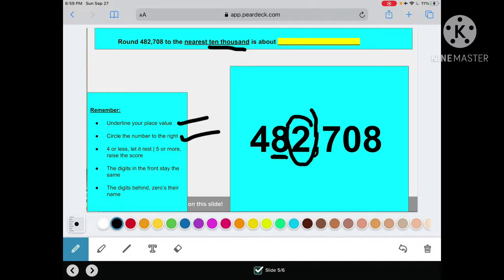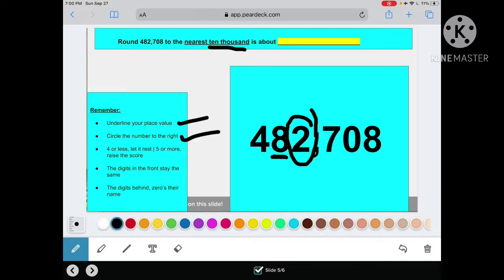Cross it out. 4 or less, let it rest. 5 or more, raise the score. Is the number 2 4 or less? Or is it 5 or more? Yeah, it's 4 or less. So I'm looking at my underlined number.